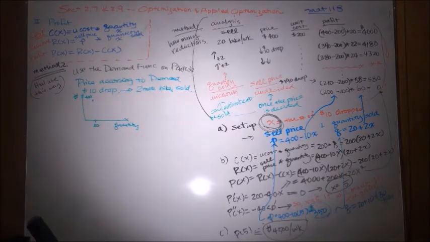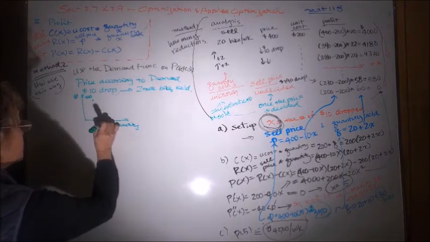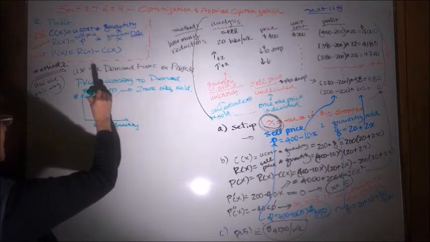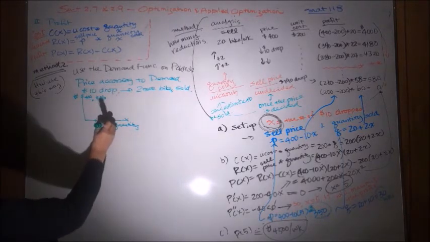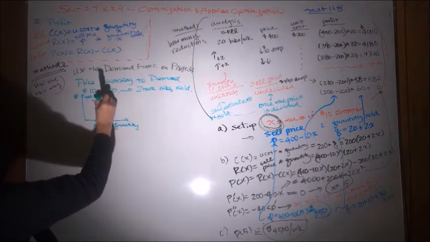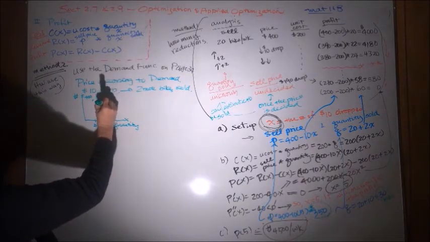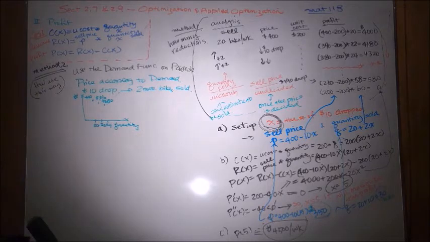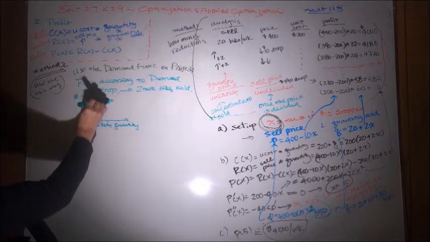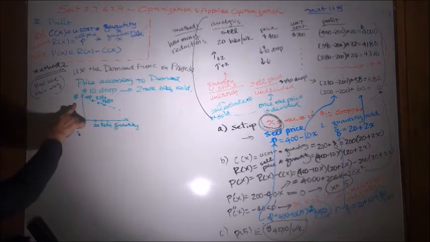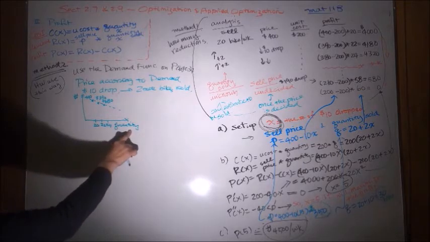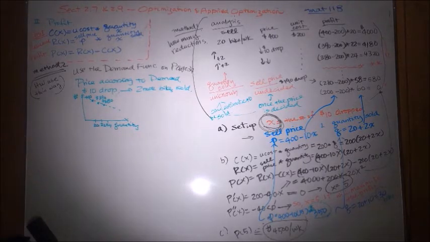Is that right? If it's 22, the price will be what? $390, right? If it's 24, the price will be what? $380. Is that so? So your demand function looks like this. The price is according to the demand quantity.